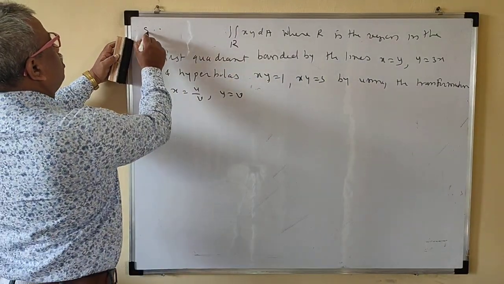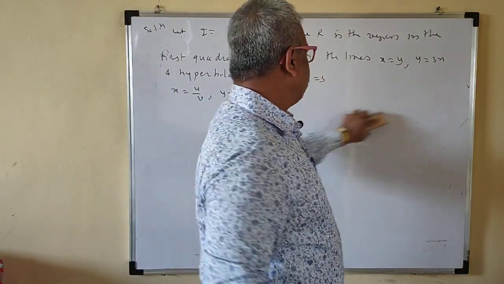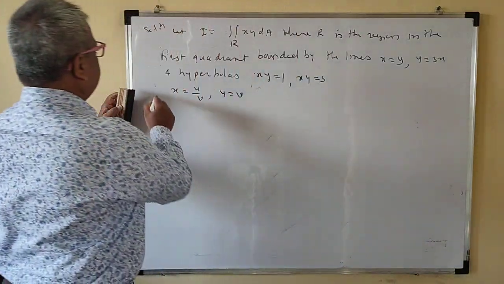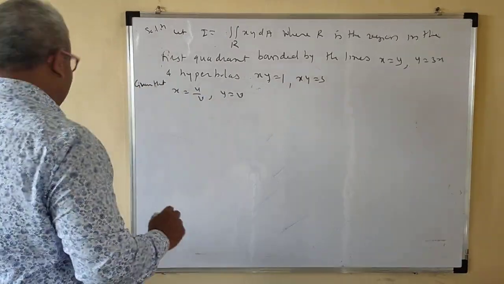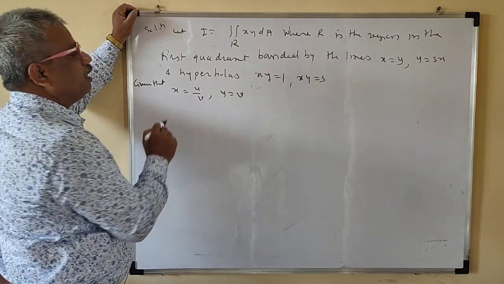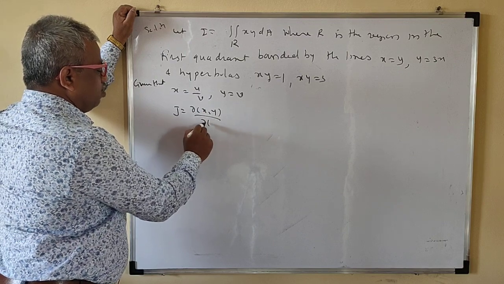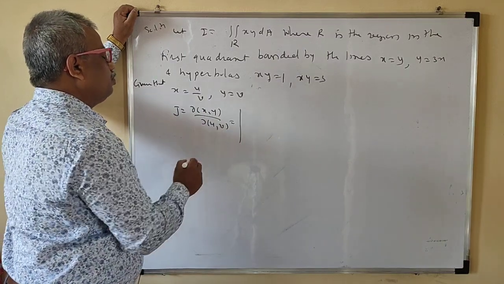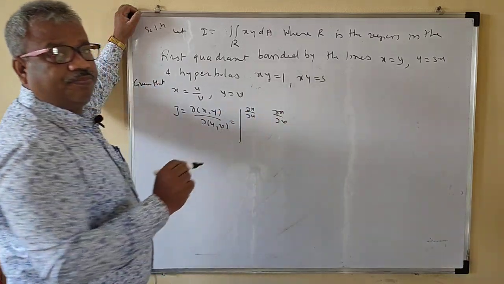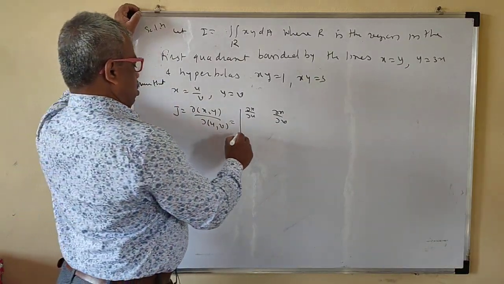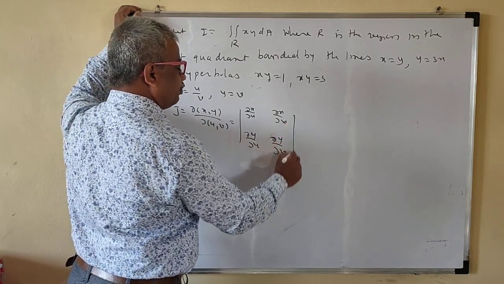Okay, so with solution, let I be this. By using the transformation, first we will find the Jacobian. The Jacobian is the partial of (x, y) with respect to (u, v). It is the determinant with dou x by dou u, dou x by dou v, then dou y by dou u, dou y by dou v.